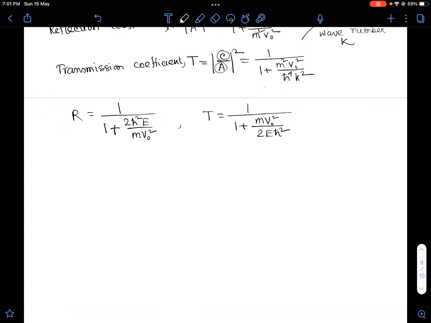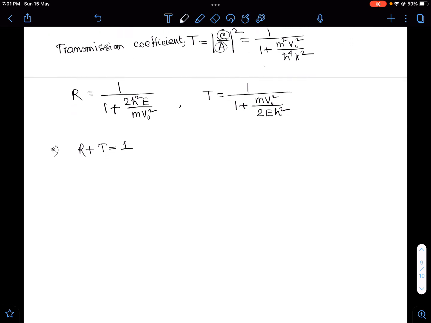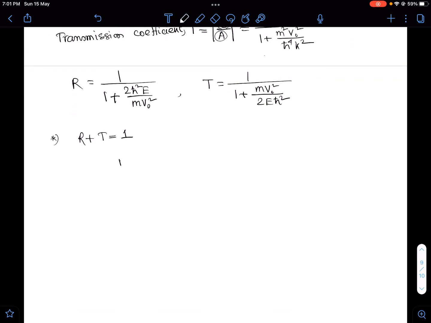As a side check, we know that the summation of the reflection coefficient and transmission coefficient should be 1. So let us check that. R plus T: the reflection coefficient is m V0 squared by m V0 squared plus 2 h cut square E, and the transmission coefficient is 2 E h cut squared by m V0 squared plus 2 E h cut squared.